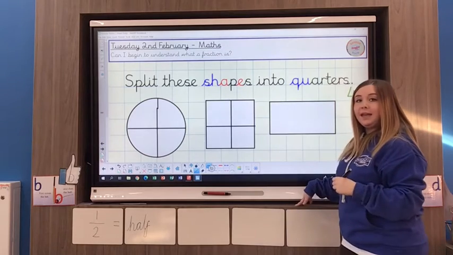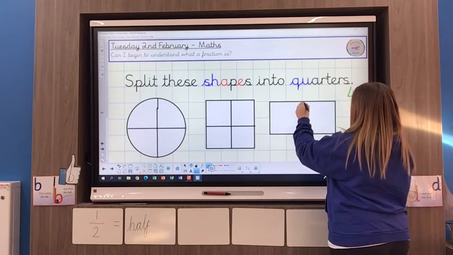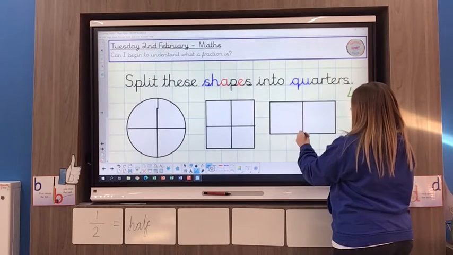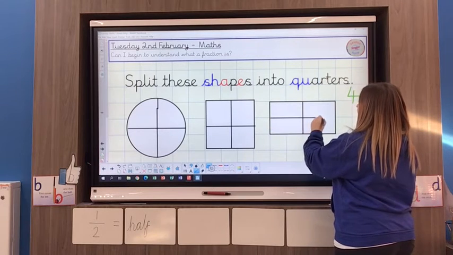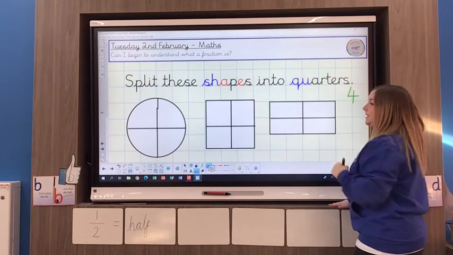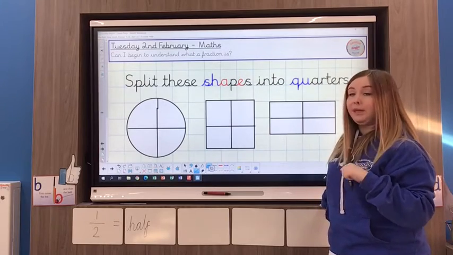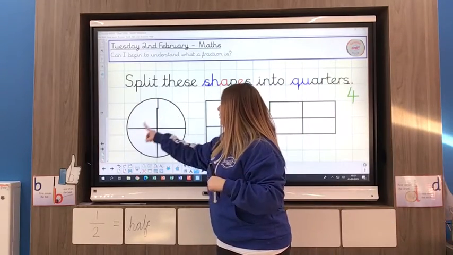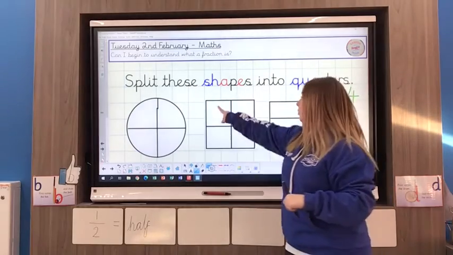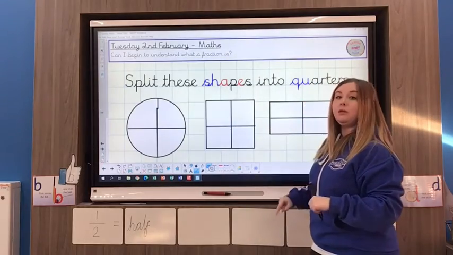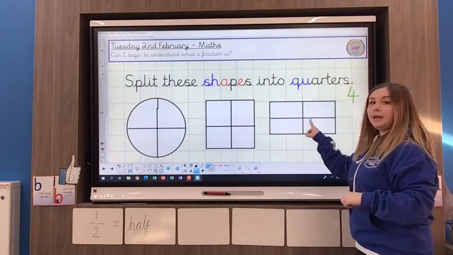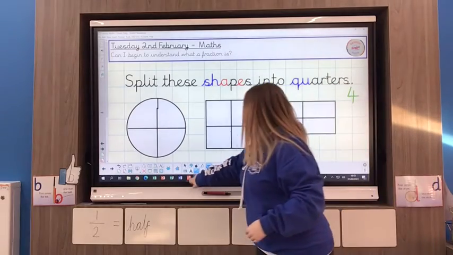And then finally for the rectangle, down and across. And each shape should now have 4 pieces. 1, 2, 3, 4. 1, 2, 3, 4. 1, 2, 3, 4.